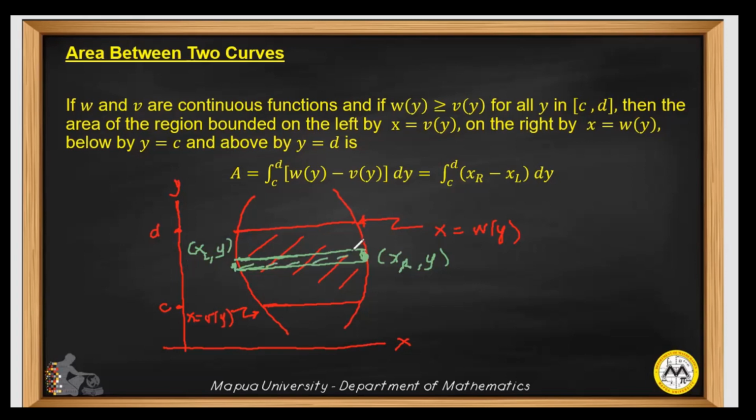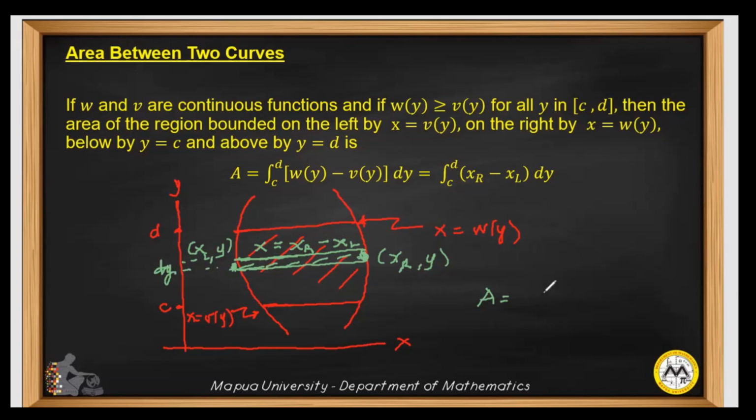Therefore, the length of the representative element is x right, the distance of this point from the y-axis, that is x sub r, minus the distance of this point from the y-axis, which is x sub l. Therefore, the area of the representative element is the length, which is equal to x sub r minus x sub l, and the thickness or the base is equal to the differential of y.